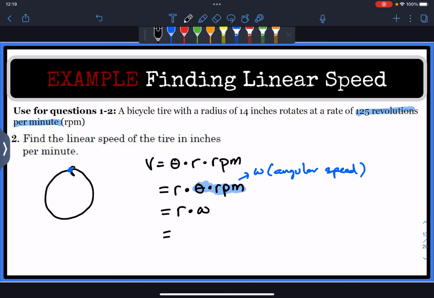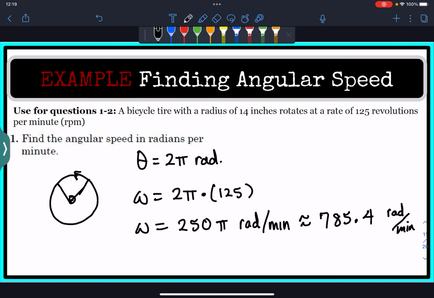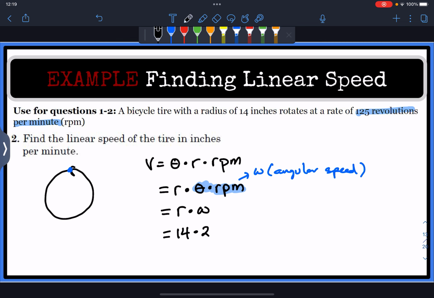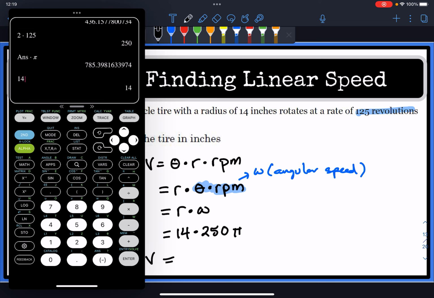Our radius here is 14, and we know the value of omega from our previous answer, in terms of pi, is 250 pi. So multiplying 14 by 250 pi, we get that the linear speed would be 14 times 250, which in terms of pi is 3,500 pi. Let's approximate this value by multiplying this number with the actual value of pi.